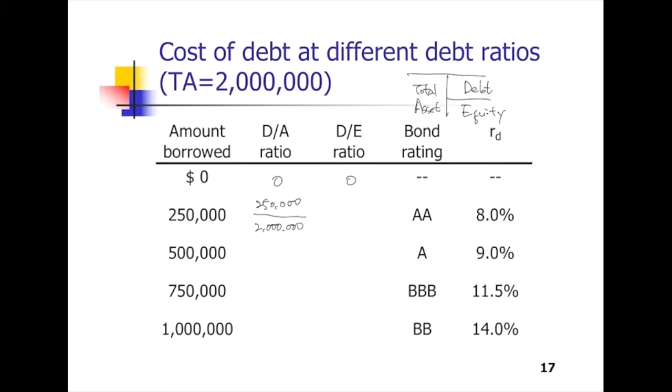You get the same ratio, right? And debt to equity. How about equity? You simply calculate it by total asset subtract total debt, right? So this amount of money subtract total debt, and repeat this process, you get these numbers.